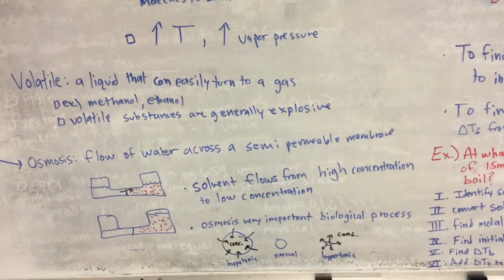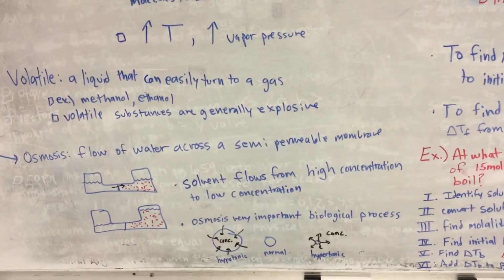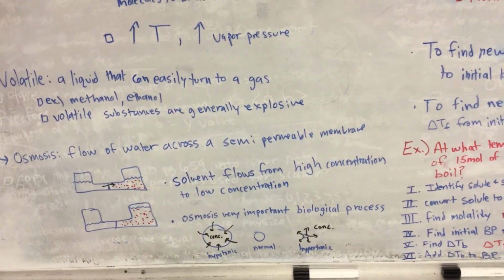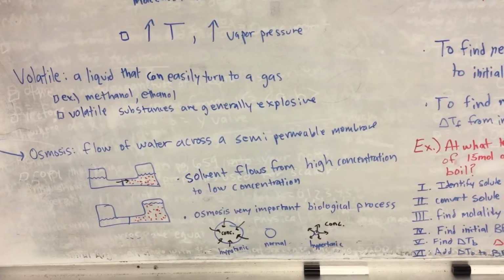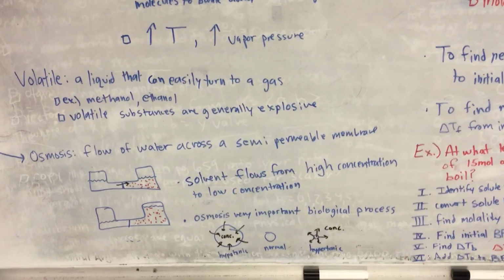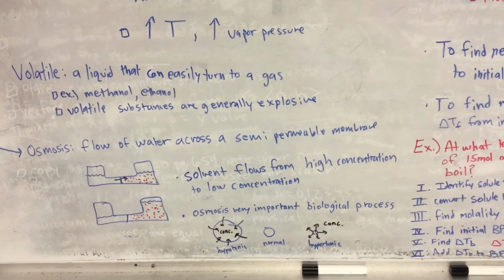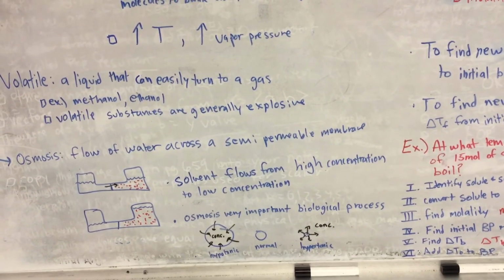Osmosis is incredibly important to biological processes. It powers how hydration works in the body, as well as a number of other things. However, it can be bad for the body. So if a cell is too concentrated, it has too much stuff in it compared to its surroundings, water will flow into it, it'll swell. That's called a hypotonic cell.